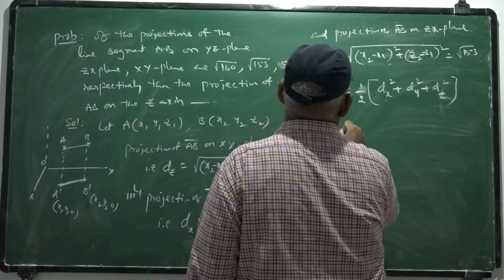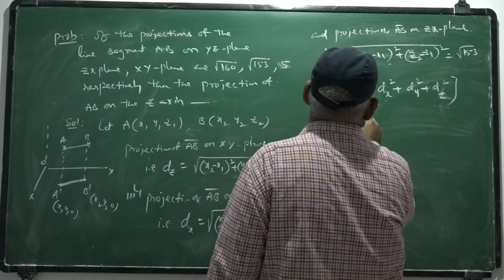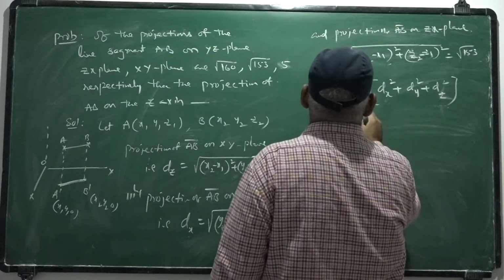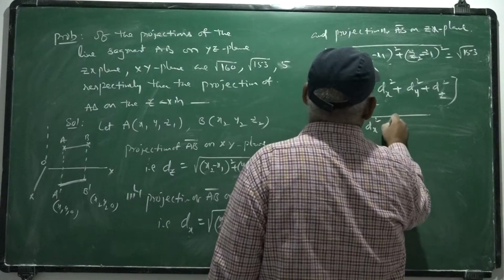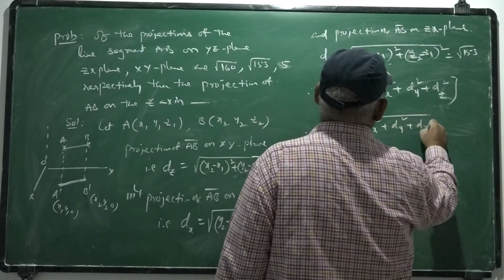Therefore, AB is square root of 1 by 2 into dx square plus dy square plus dz square.